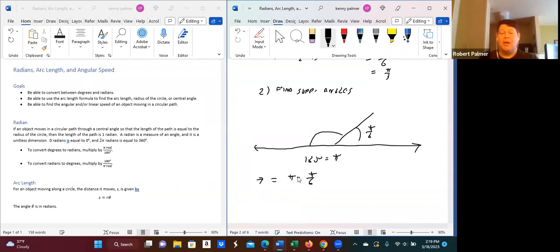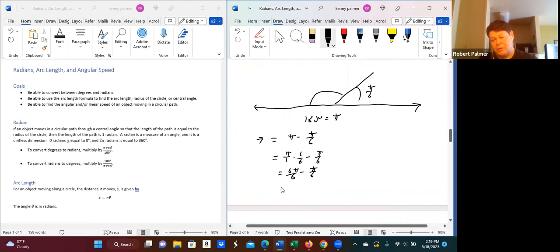Same thing, you need to put this as something over 6, so multiply the top and bottom of pi over 1 by 6 over 6. That's going to be 6 pi over 6 minus pi over 6, which is just 5 pi over 6, which you can't reduce. So this angle is 5 pi over 6, that's its supplementary angle.